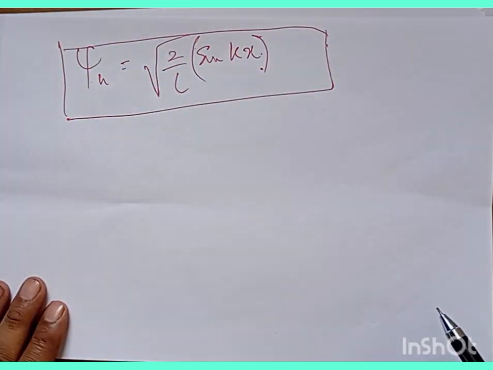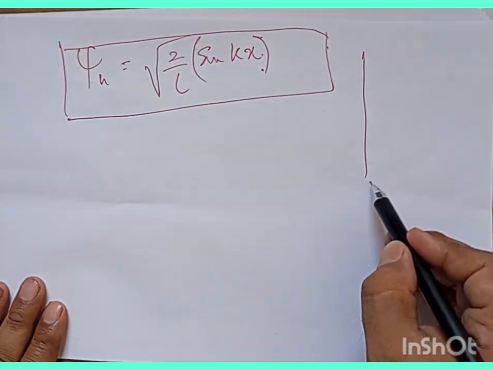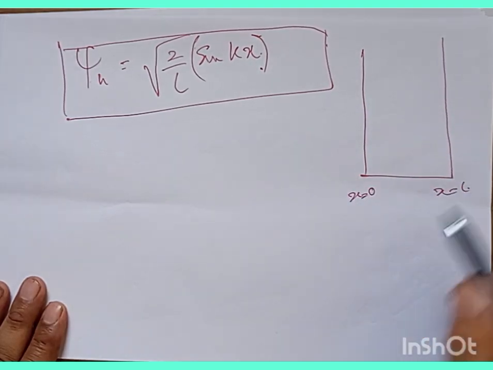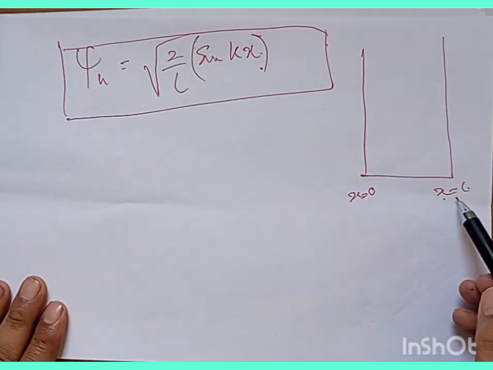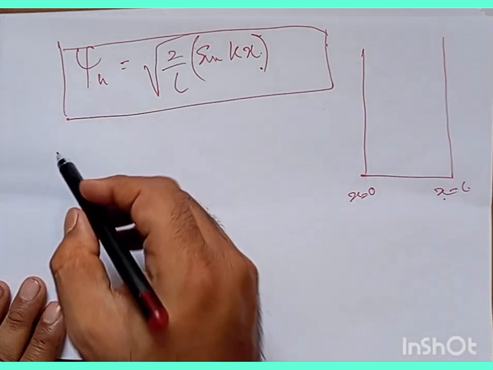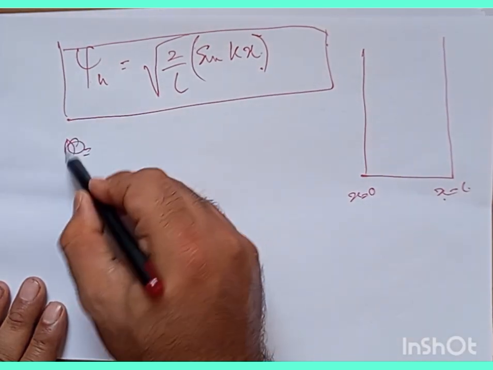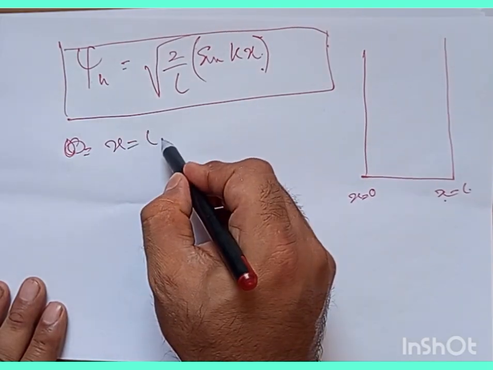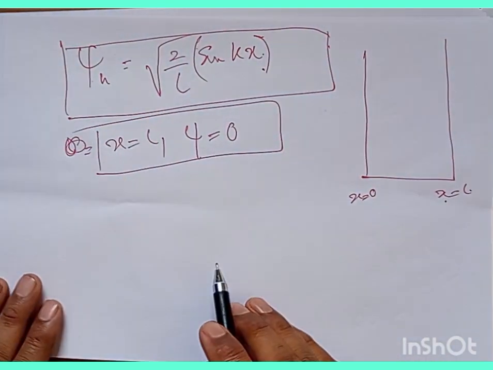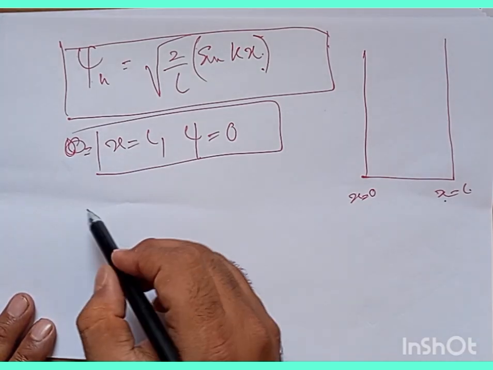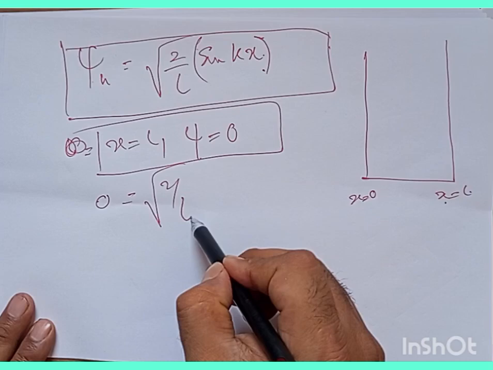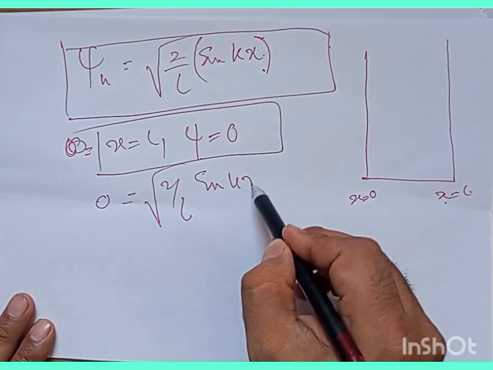Now we can use another boundary condition. I mean, we have the particle, and this is x equal to 0 to x equal to L, and at x equal to L, what is psi? Psi is again 0. So using the boundary condition that at x equal to L, psi is again going to be equal to 0, then we can have 0 equal to under root of 2 by L sine of kx.